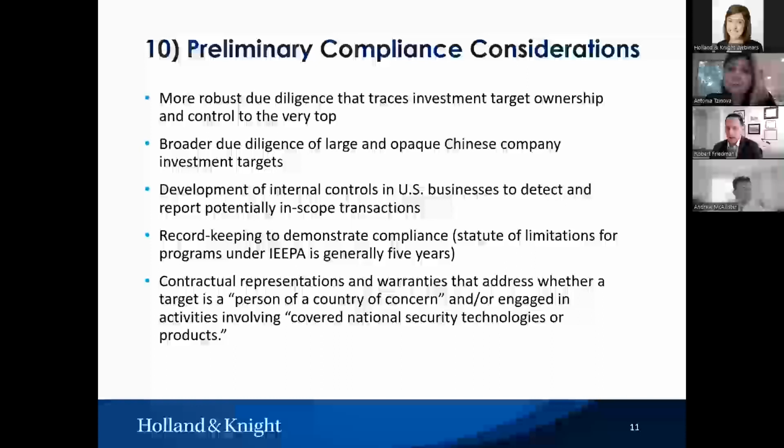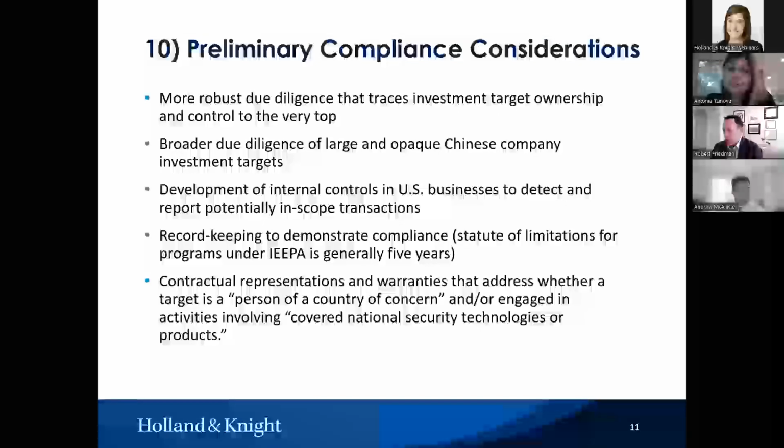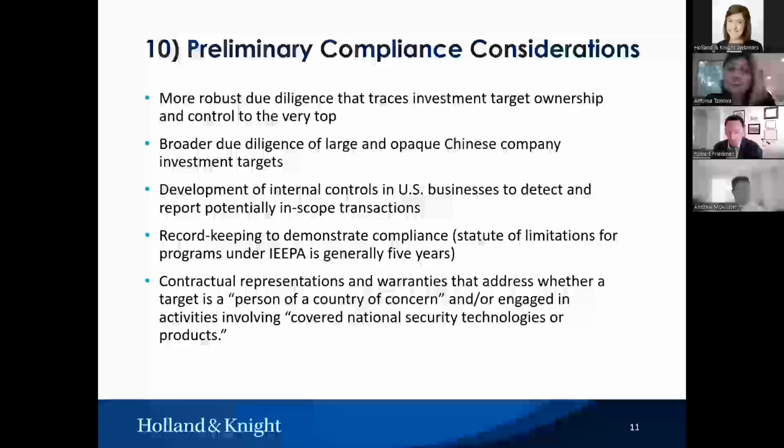So we've discussed the prohibitions and the notifications that are pertinent for different classes of transactions, but the proposed rules indicate that the determination of whether investments are prohibited or require notification, as well as the risk of getting that determination wrong, is squarely on the shoulders of investors.